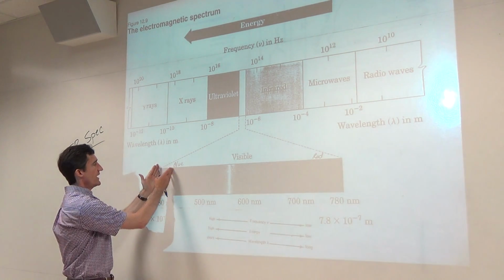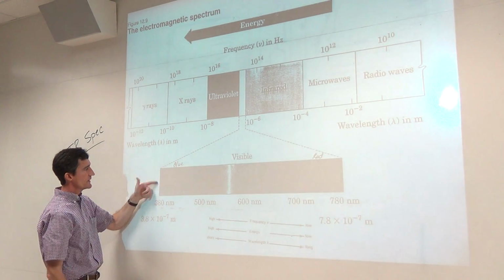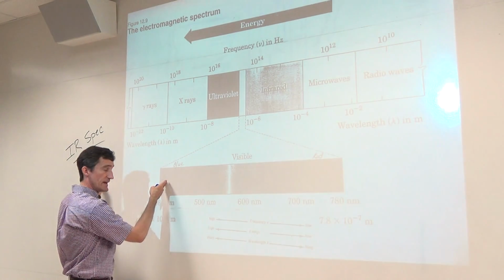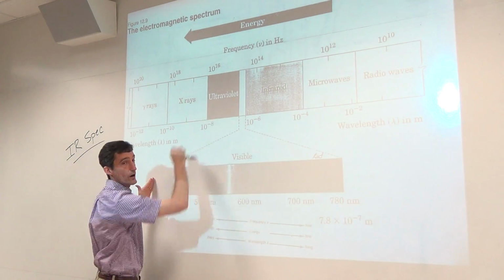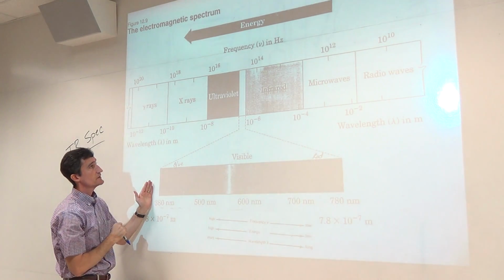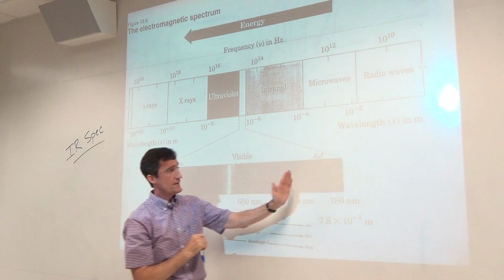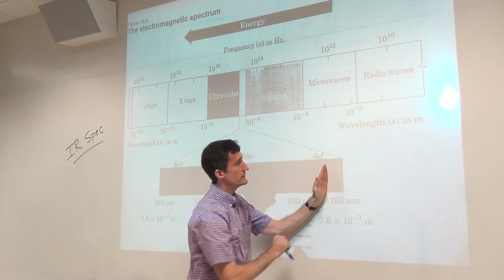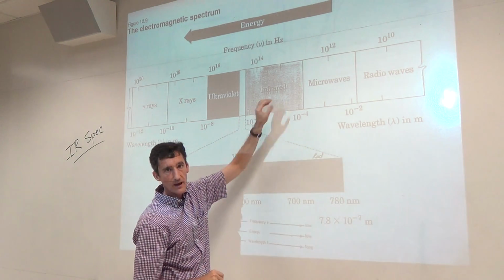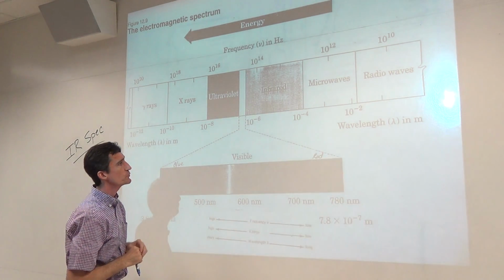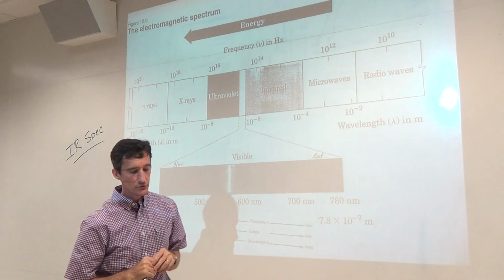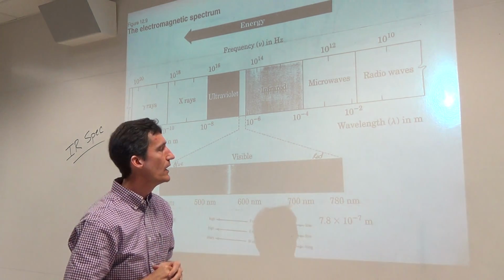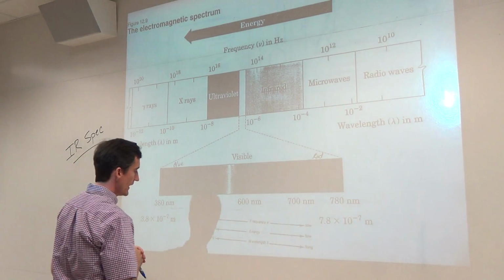I'm not showing indigo; violet is your color here. After violet, moving to the left would be ultraviolet, even higher energy. After red, going to the weaker end would be infrared. And infrared is used to do IR spectroscopy, which we're talking about today.